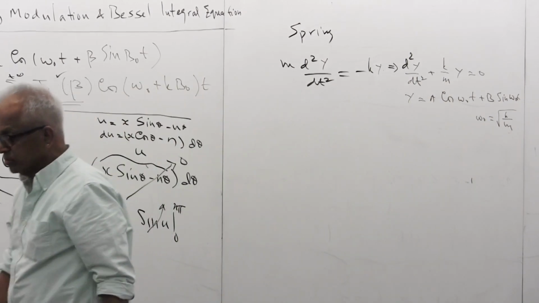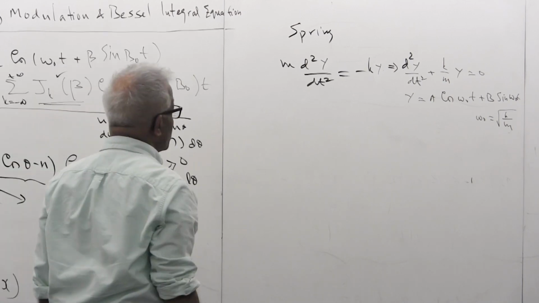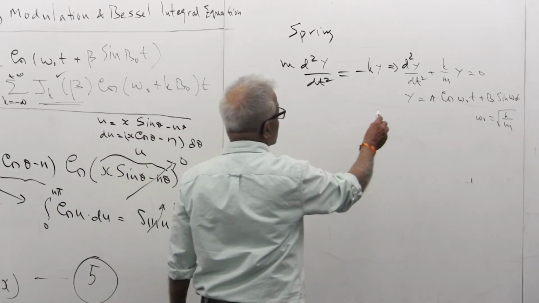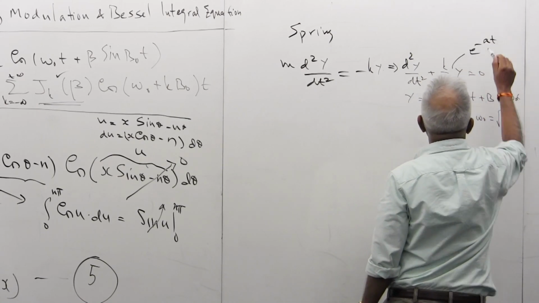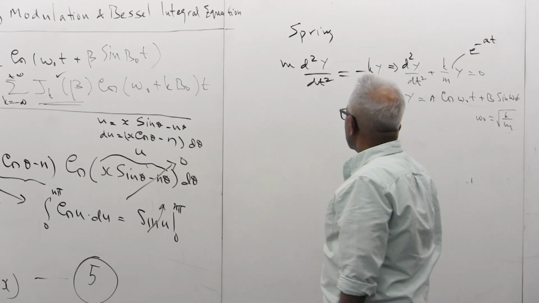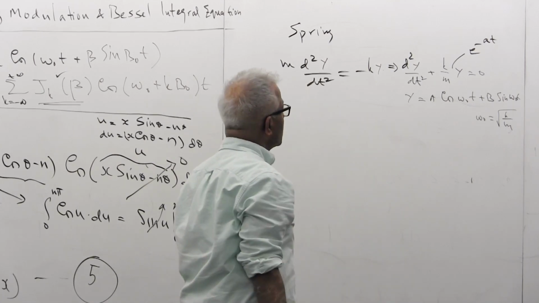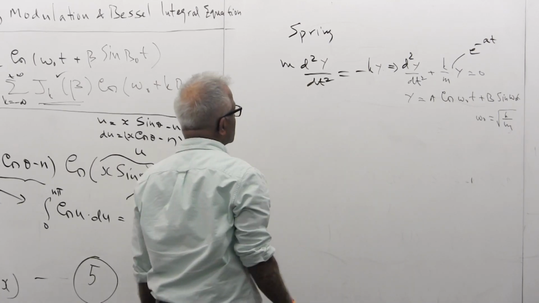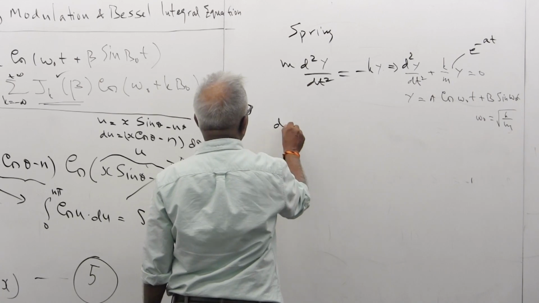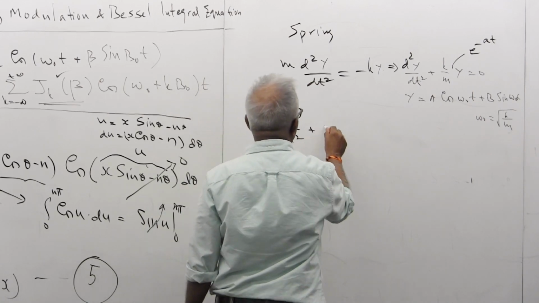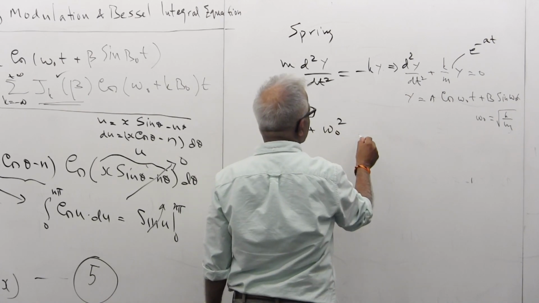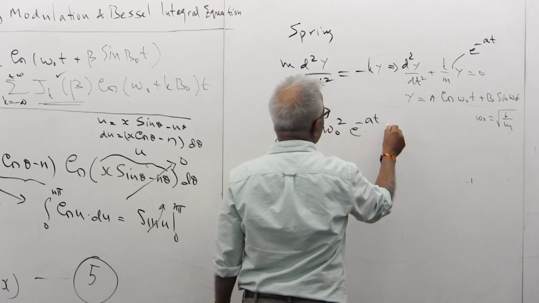Now if you assume in this differential equation that there is also a decaying term, in other words the spring gets weaker with age, the component decays, etc. And then we have this differential equation, d squared y by dt squared plus omega naught squared e raised to minus at times y equal to 0.